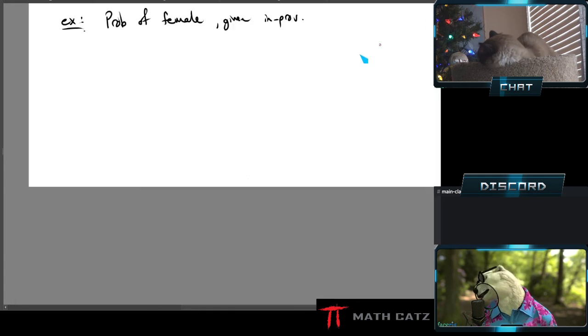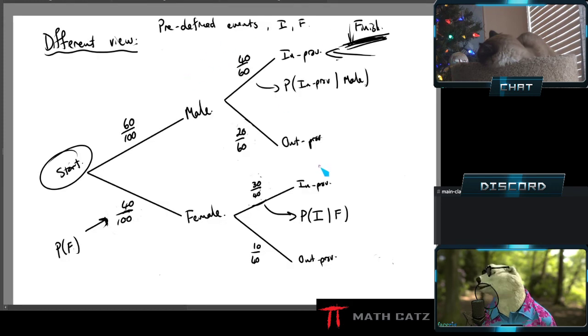What I have to understand is it's a conditional probability. Let's write it down. This is the probability of female given in province. I'm going to stick to events we've already seen. This one is tricky because people might think too fast and expect this to be on the tree, but it's not.